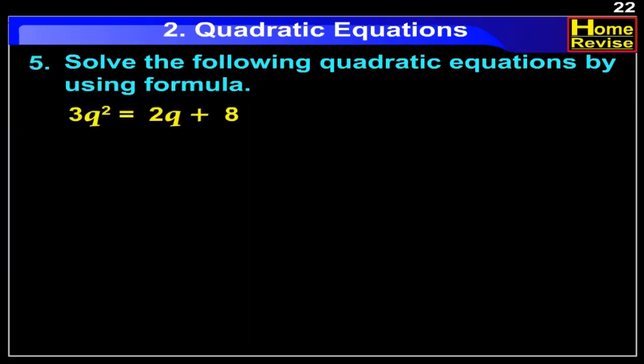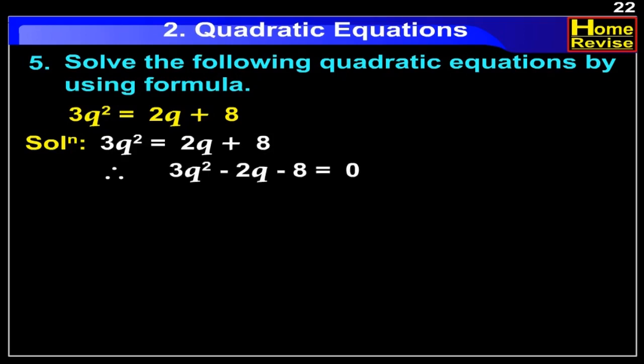3q² = 2q + 8. Solution. The given equation is 3q² = 2q + 8. Therefore, 3q² - 2q - 8 = 0.